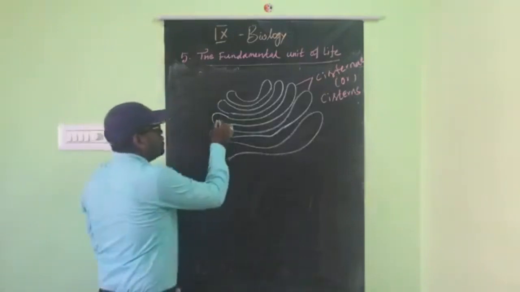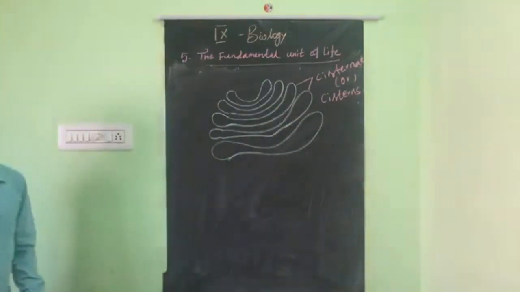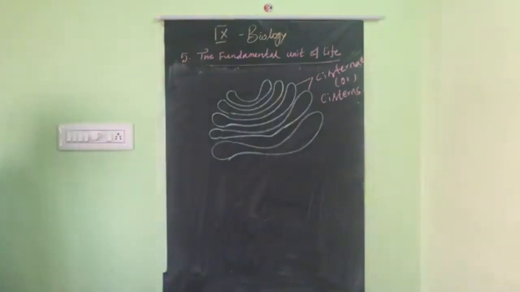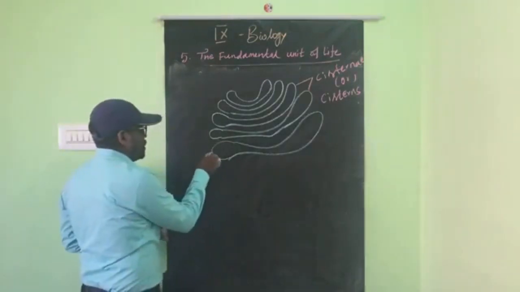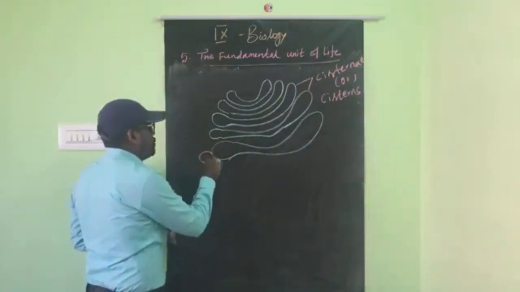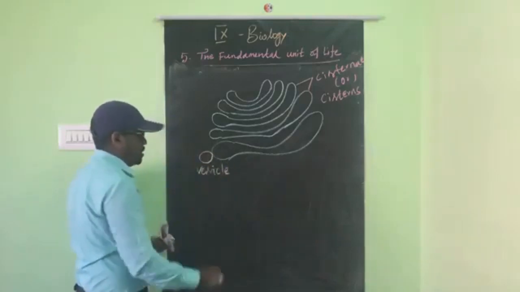Okay, so here the lumen, the empty space, is present. When it is matured, that time it forms the vesicles. Vesicle means bag-like structure.